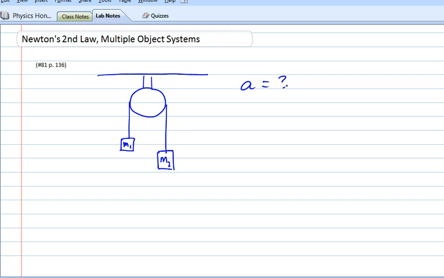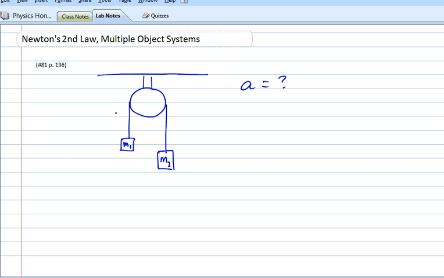And the way that we want to solve multiple object systems is we want to draw a free body diagram of each one and try to figure out which way we think it's accelerating and then solve from there. Okay, so what I'm going to do is try to identify forces acting on each object individually.